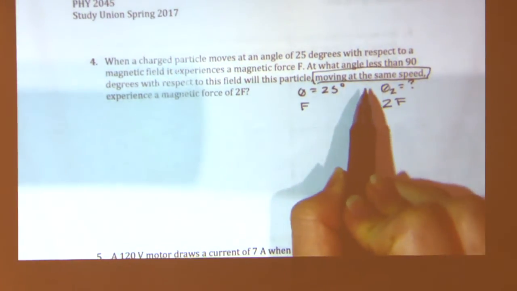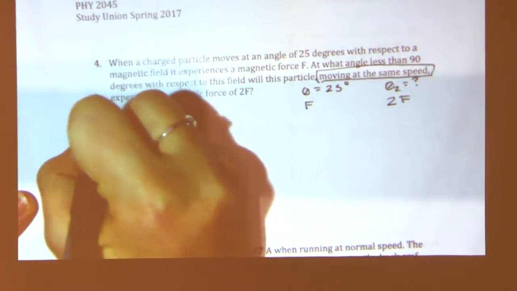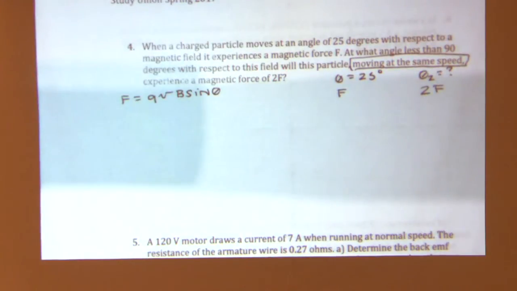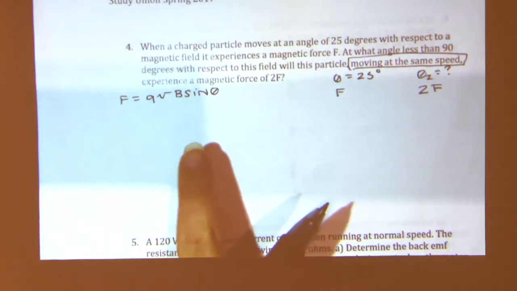So when they said the same speed, that was a red flag to use this equation, F equals qvB sine theta. That's one of the few force equations that we have with an angle in it. I can't think of anything else right now off the top of my head that also has theta in it. So that was also a red flag. We want to get this equation in terms of force and theta.